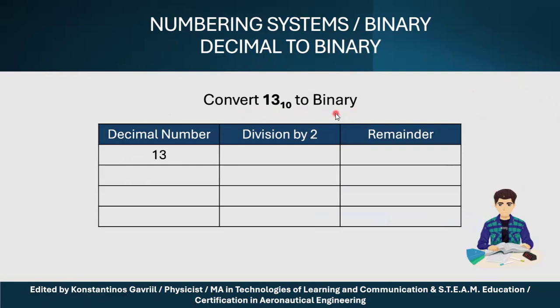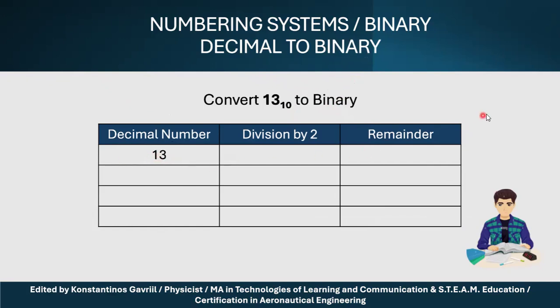First of all, we divide by 2, because this is the binary conversion. If it was to the octal system, it would be divided by 8. If it was to the hexadecimal system, from decimal it would be divided by 16. Okay, so now we have the decimal to binary.